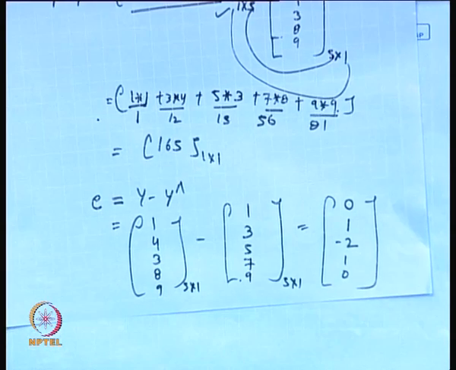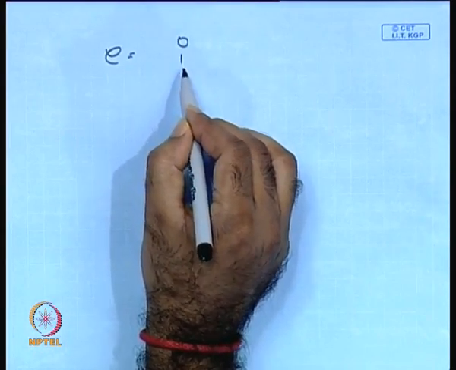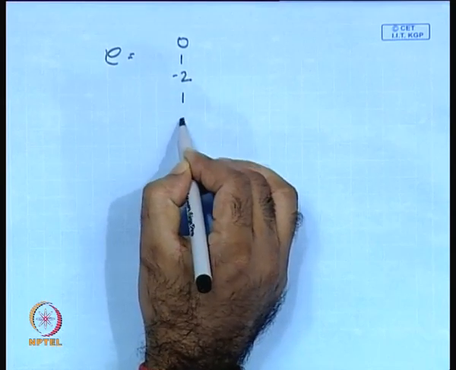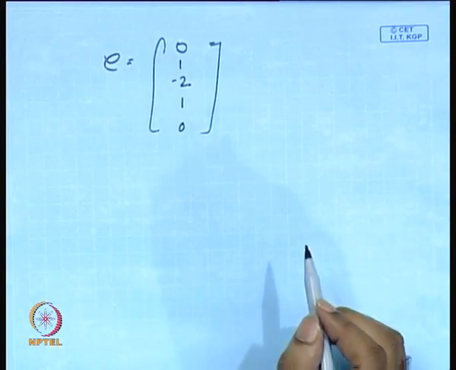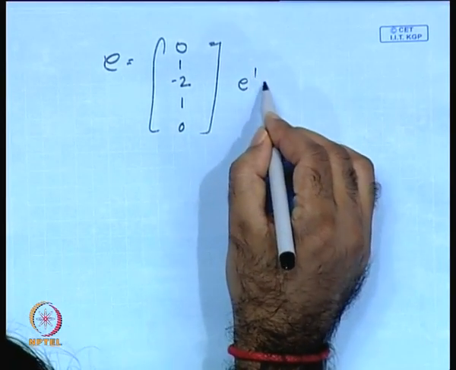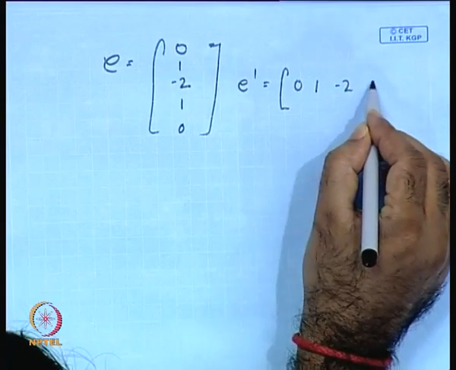But our requirement is e transpose e. We have e equal to 0 1 minus 2 1 0. This is the e component, and we calculate e transpose, which equals 0 1 minus 2 1 0.